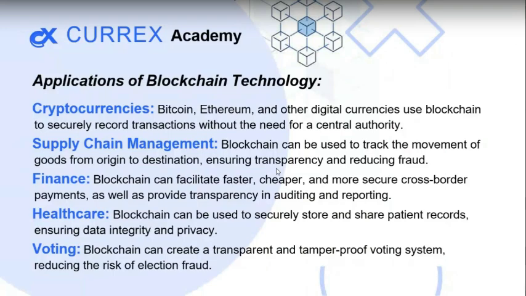Blockchain can be used to track the movement of goods from origin to destination, ensuring transparency and reducing fraud. And in the finance system, blockchain can facilitate faster, cheaper, and more secure cross-border payments, as well as provide transparency in auditing and reporting.